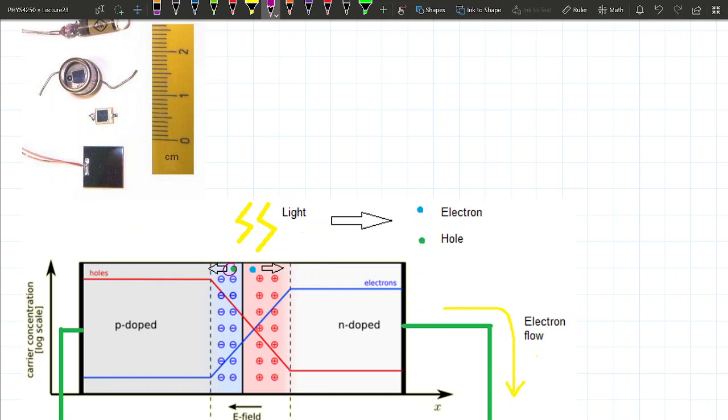So they are free to move away from this depletion region. The wavelength of light is visible, and that's typically about half an electron volt. And so this depletion region is designed so that with half an electron volt of energy, it can escape this depletion region.